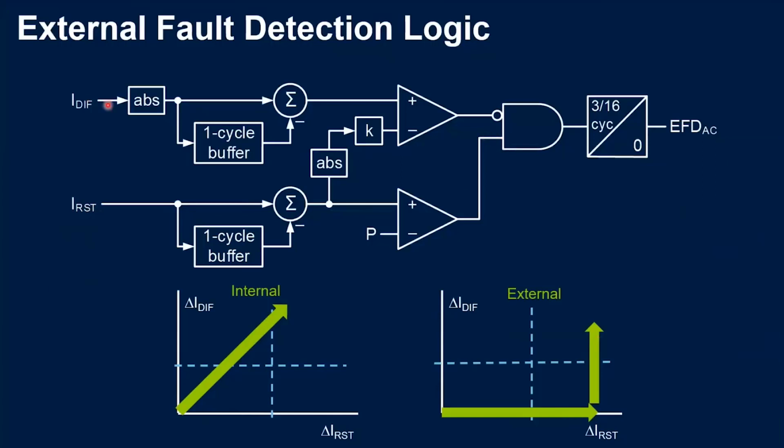And if we have no differential increase, we will see a 1 here on the upper side of the logic. So with this NOT, it will activate after 3/16 of a power cycle. We'll declare an external fault detection, okay, which is the external fault. If the fault is internal, we'll see an increment in the differential also, and this should not be activated.